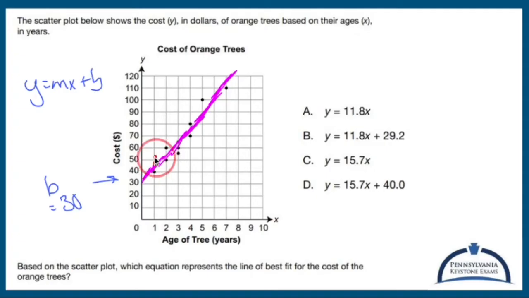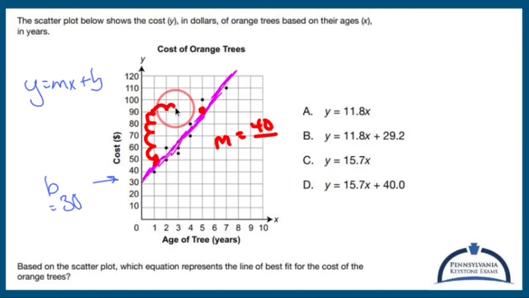If I have a dot here and a dot here to predict my slope, I'm using these 2 dots. Every time I go up by 10, 20, 30, 40, so my slope is going to be 40 over every time I move over by 1.